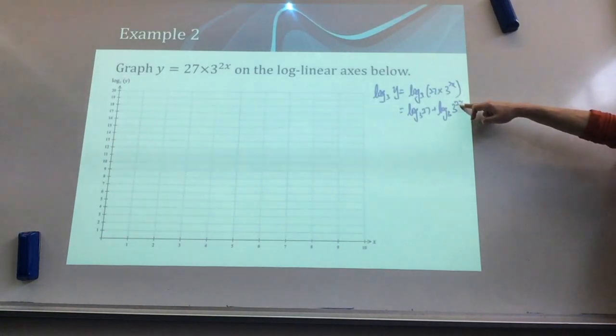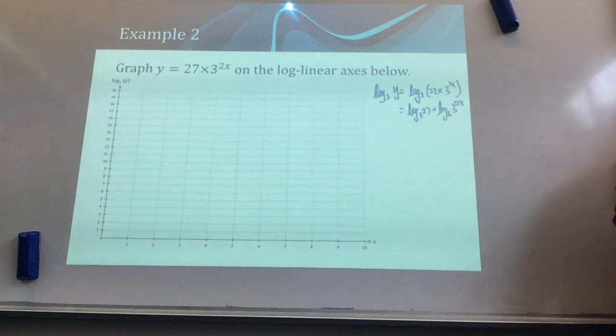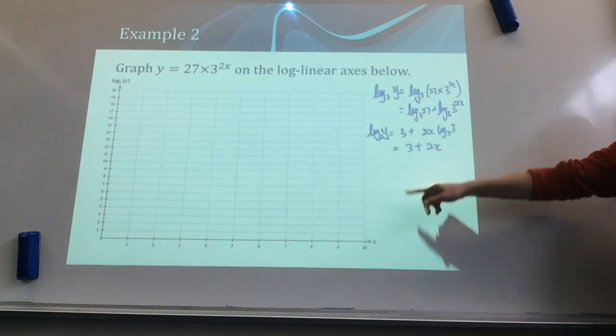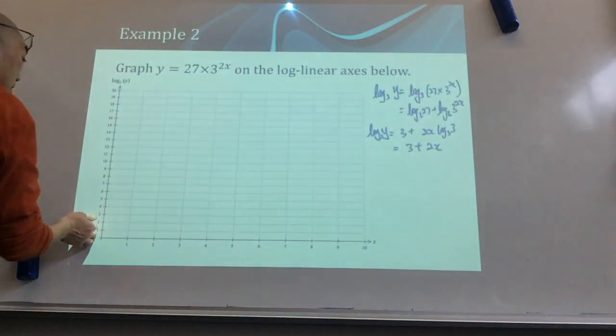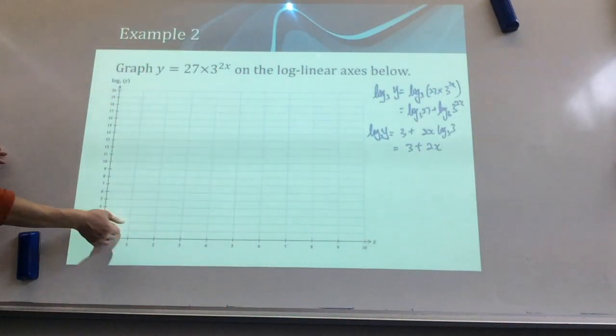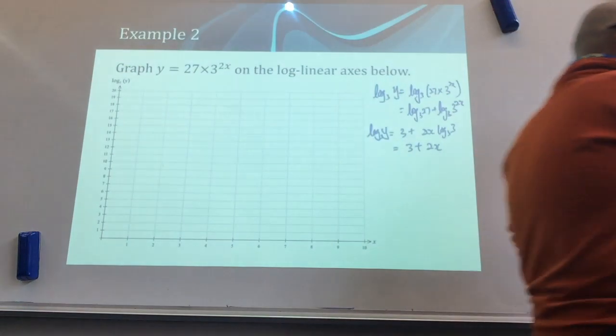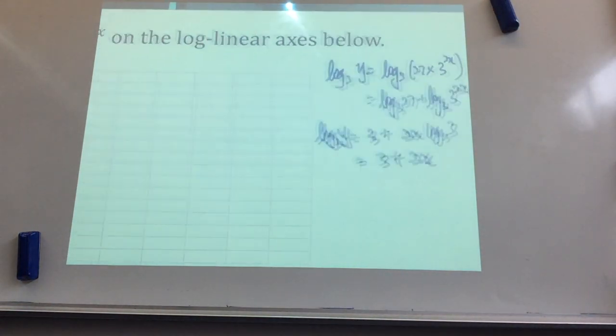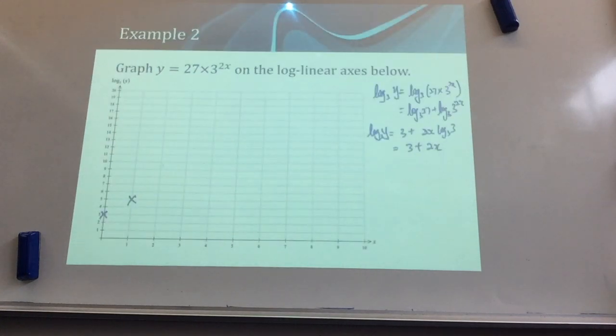Which is 2x plus 7. So log y is 7 plus 2x, or 2x + 7. And then of course, here you can start off with the y-intercept, 7, and keep going x, x, x until you get all the points, and you can draw a straight line.